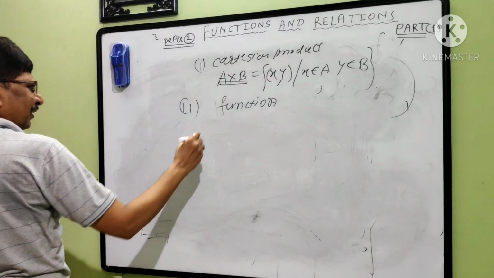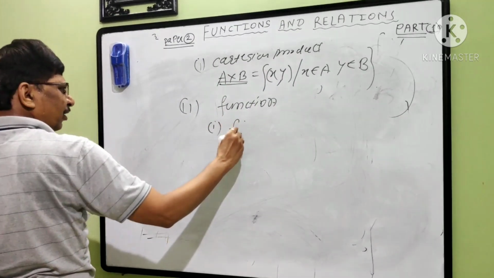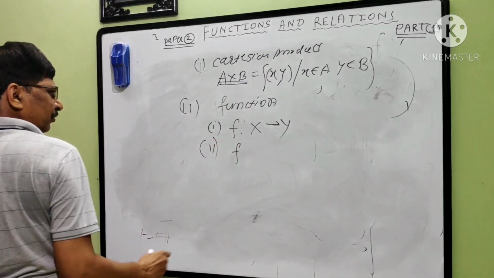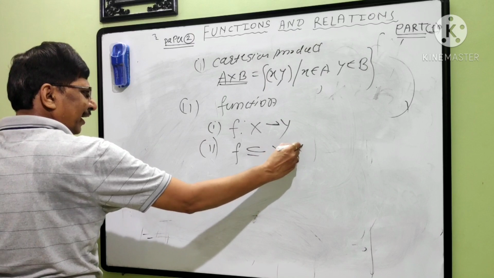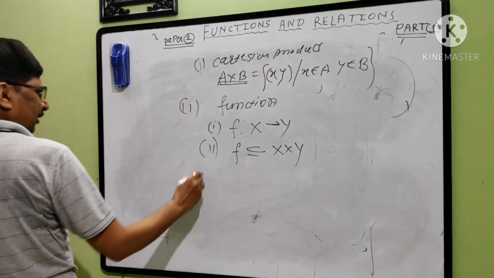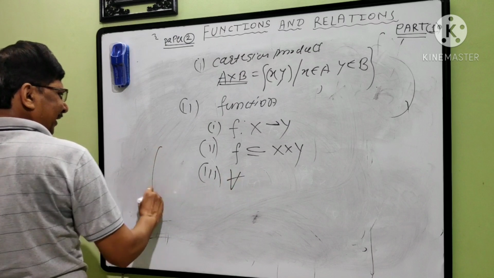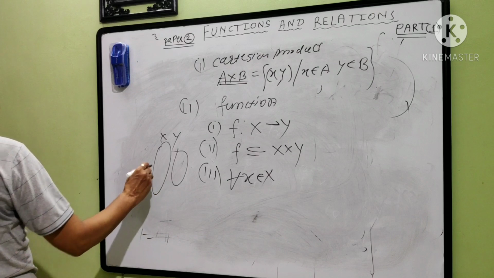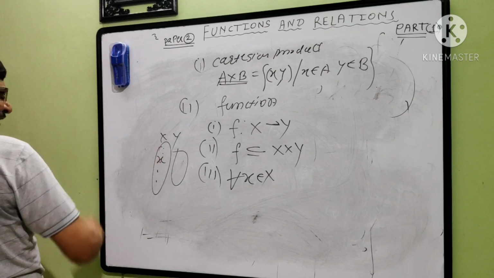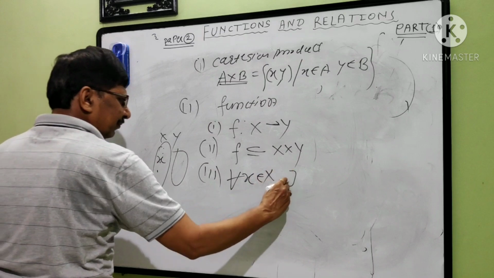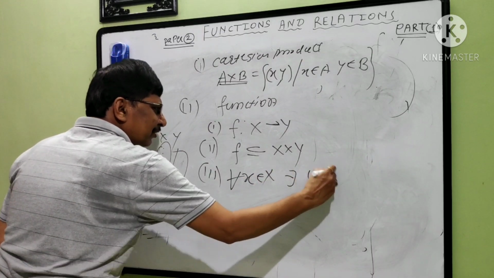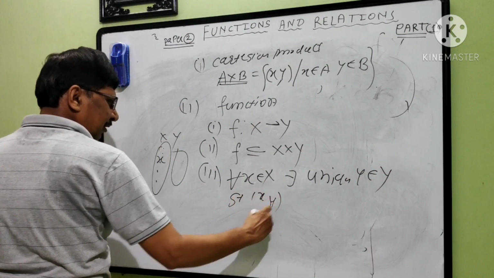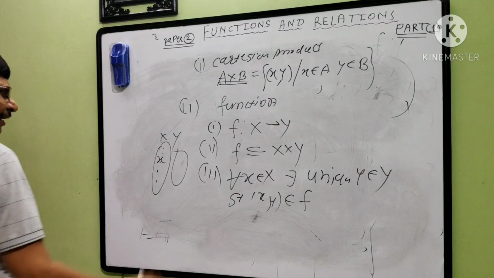What is a function? A function is a subset of X cross Y. Number three, for every element x in X there exists a unique y in Y, such that this ordered pair belongs to F. Unique is an important word. That is the definition of a function.